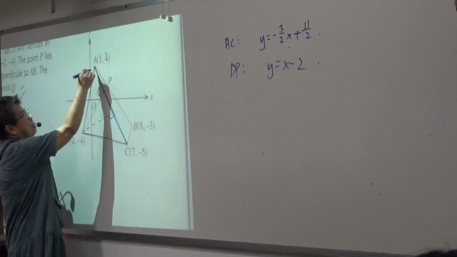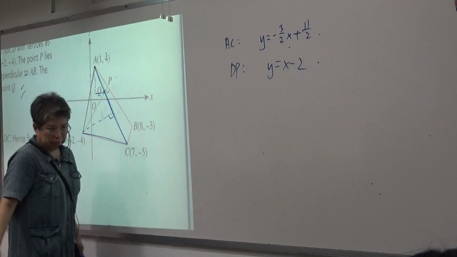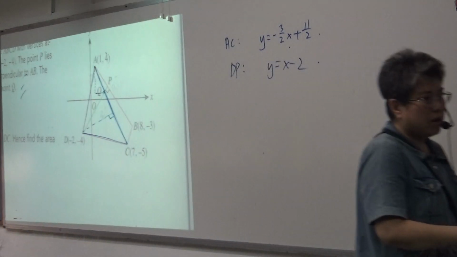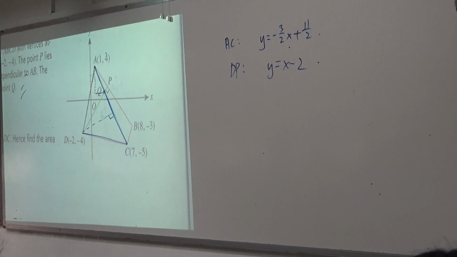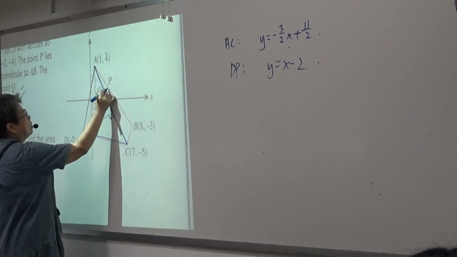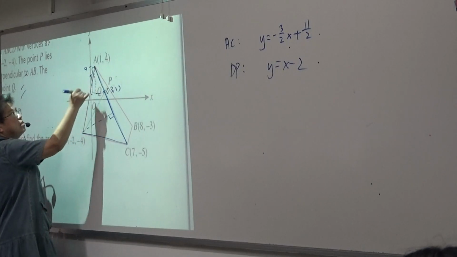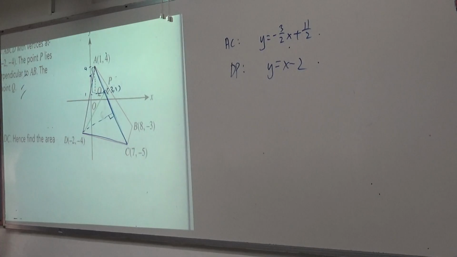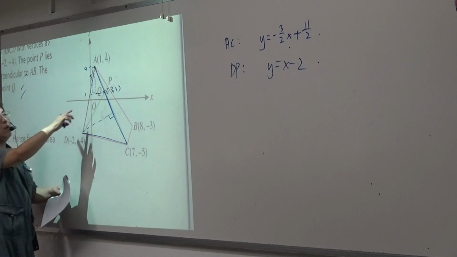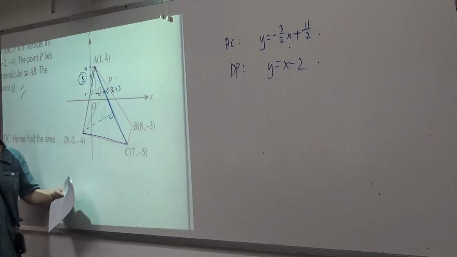From A to Q, Q is 3, 1. So this is 1, this is 4. How much is this length? 3, right? Can you see it now?